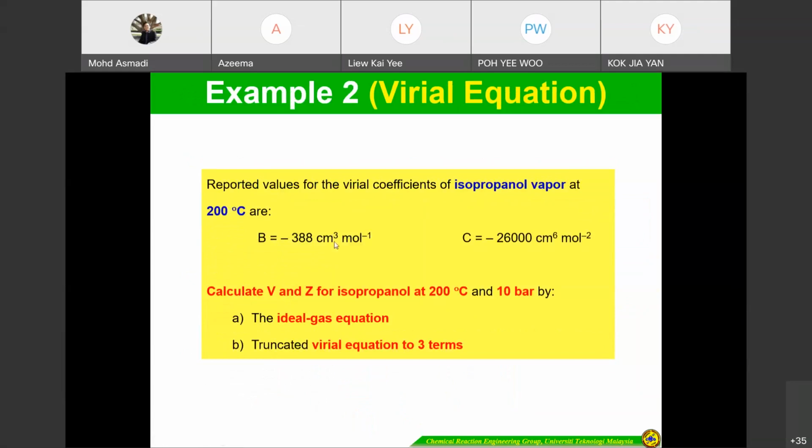If you look here, what was the final answer for Q for the constant volume? Amira? Did you get it? Azimah, did you get your answer? For A, yes, A only. For Q I got negative 10912.125 joule per mole. Joule per mole, right? You must remember the unit. No unit is wrong. And then delta H? I got negative 15276. No need that long, convert to kilojoule. Negative 15.28 kilojoule per mole.